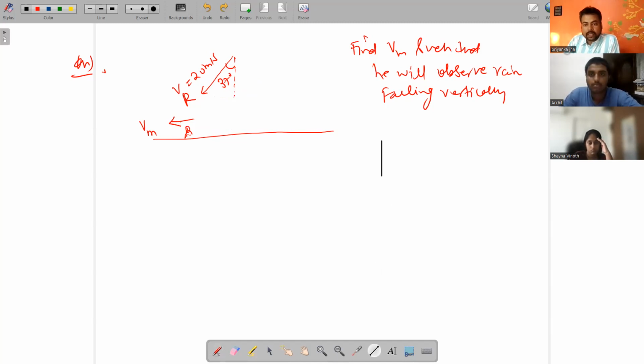See, this rain has two components. This is the actual angle at which the rain is falling with some velocity 20. It will have two components, this and this. This is 20 sine 37, 20 cos 37.